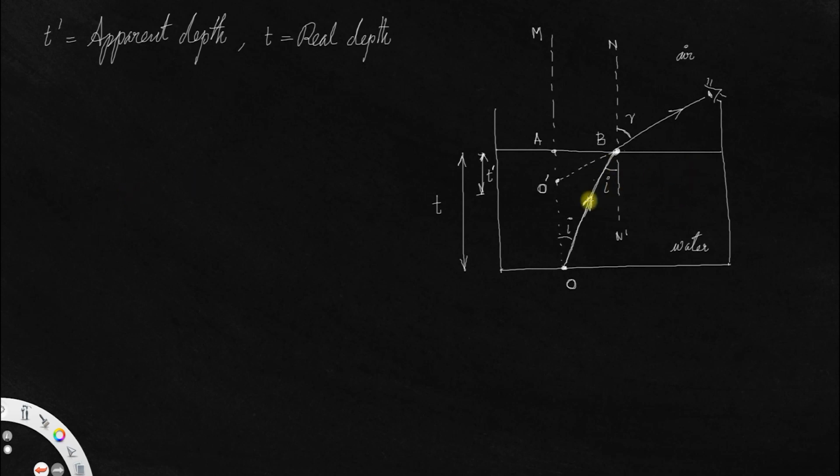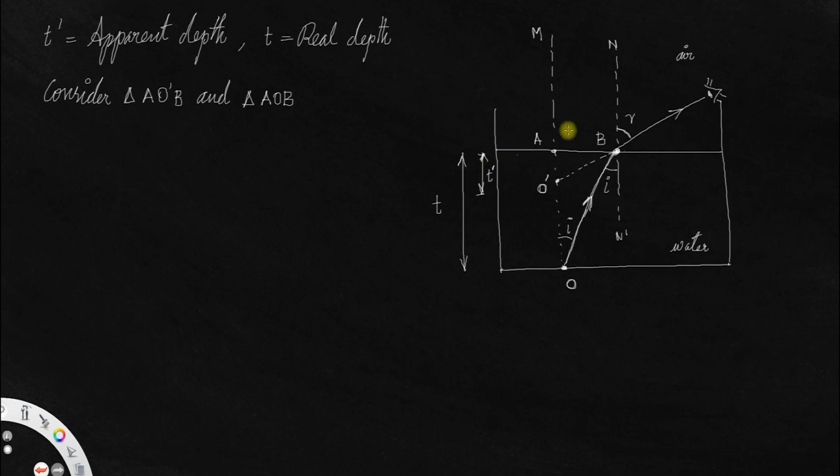For that, let me consider these two triangles, that is AO dash B and AOB.